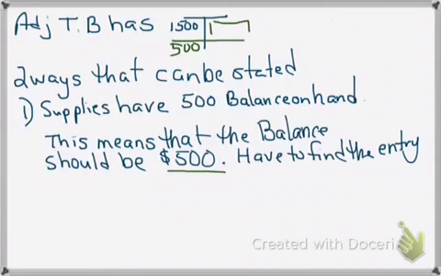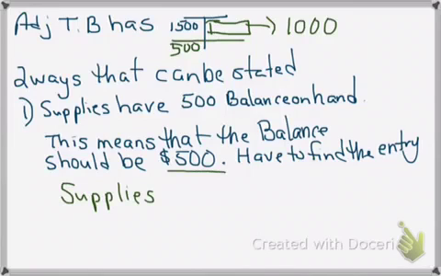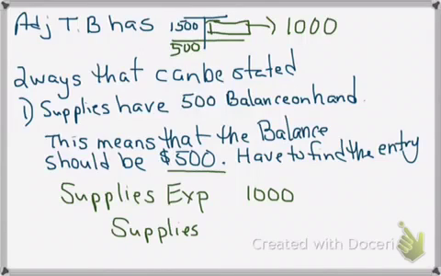And we would need a journal entry. We would need a credit here to get to that balance, and the amount would be $1,000. So in our journal entry, remember, our debit has to be the expense account, so we would have our supplies expense account as our debit, and our credit account would be the supplies account, because we are reducing that account.